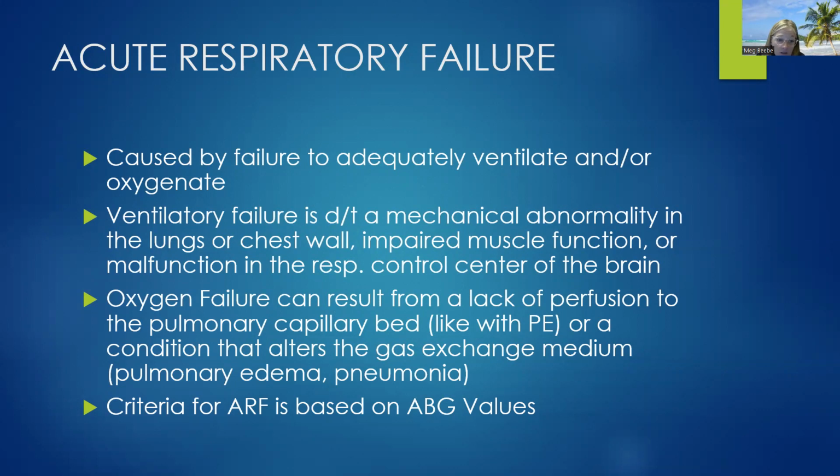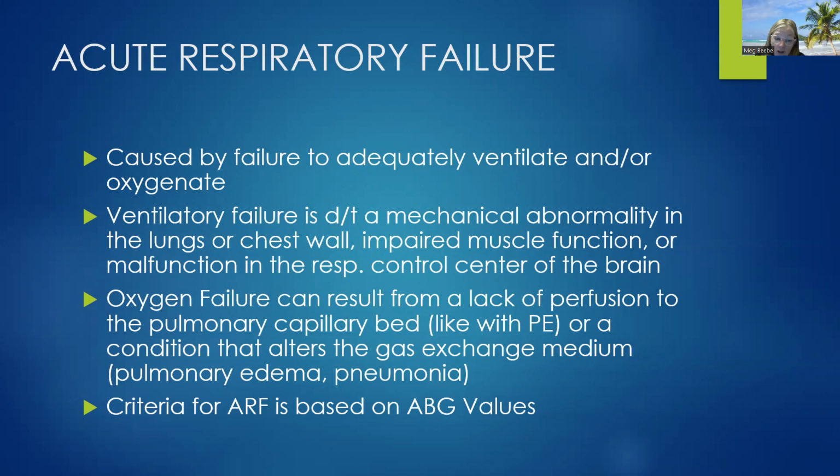There are two types of respiratory failure: type 1 or hypoxic respiratory failure, and type 2, which is hypercapnic respiratory failure. Hypoxic respiratory failure, which is type 1, is characterized by a PaO2 of less than 60 millimeters of mercury despite increased inspiratory oxygen, with a normal or low PaCO2.